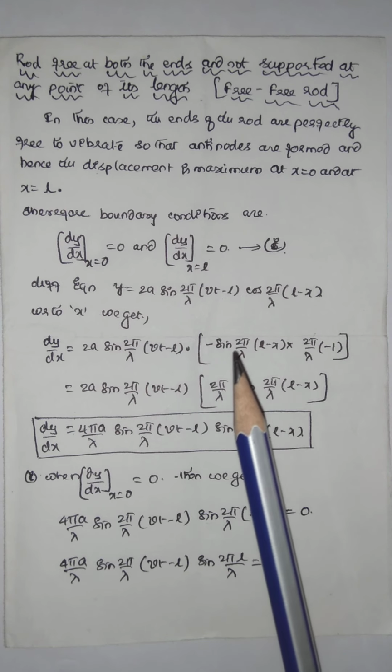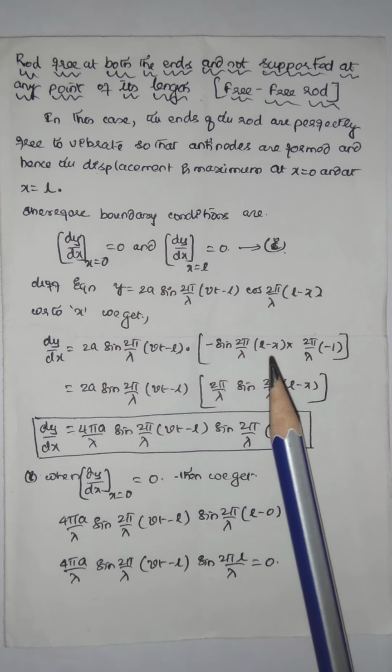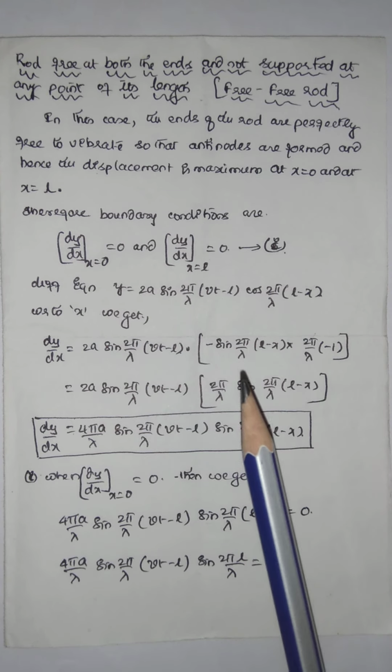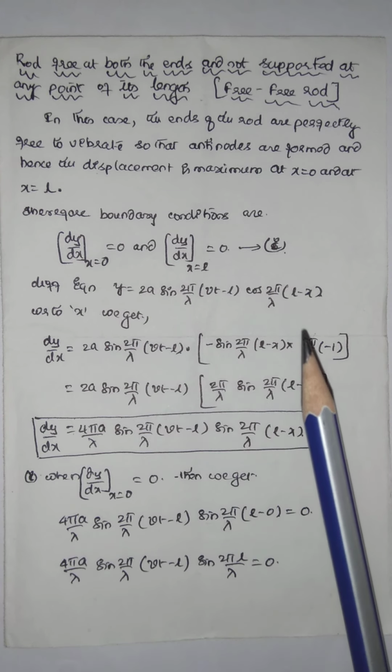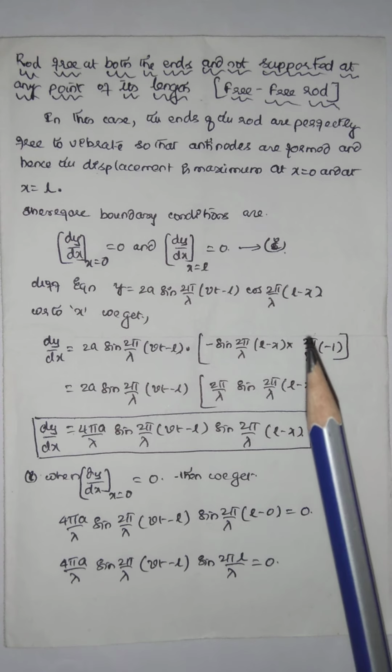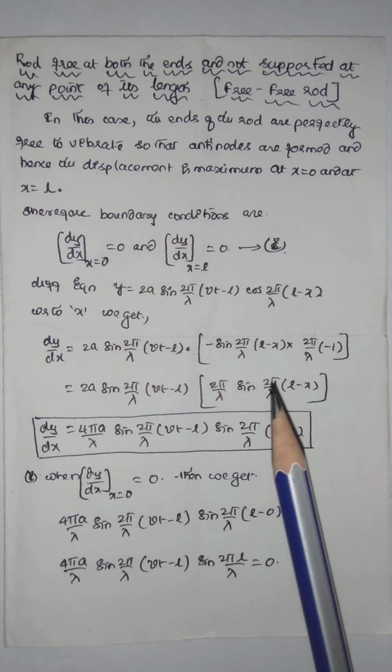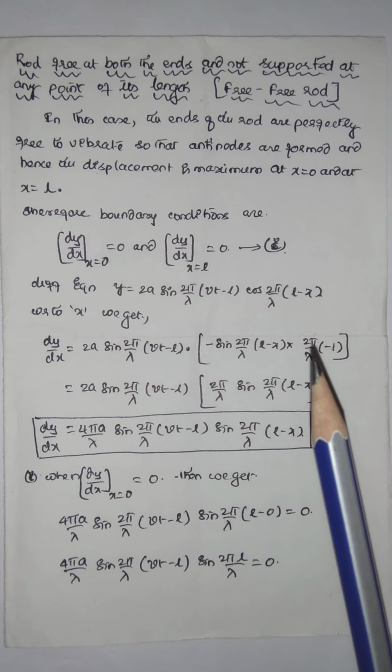Theta is given by 2 pi by lambda into L minus x. And differentiation of theta is 2 pi by lambda into differentiation of this component. L is constant. Differentiation of constant is 0.